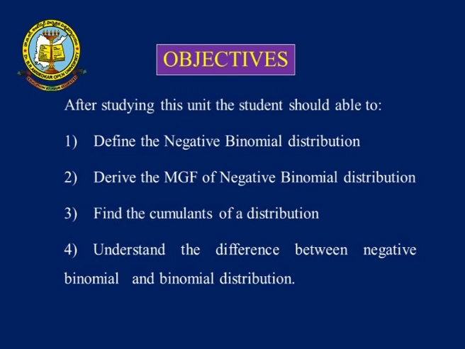After studying this unit, you should be able to define the negative binomial distribution, derive the moment generating function of negative binomial distribution, find the cumulants of a distribution, and understand the difference between the negative binomial and binomial distribution.